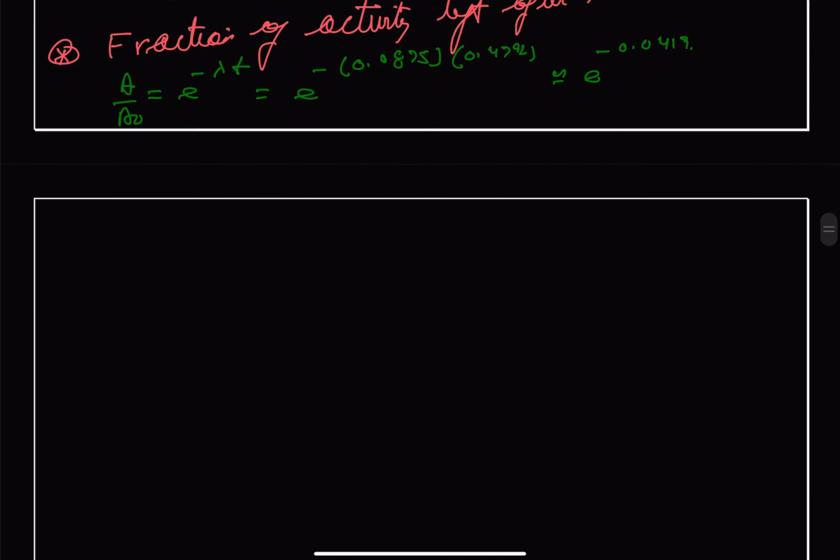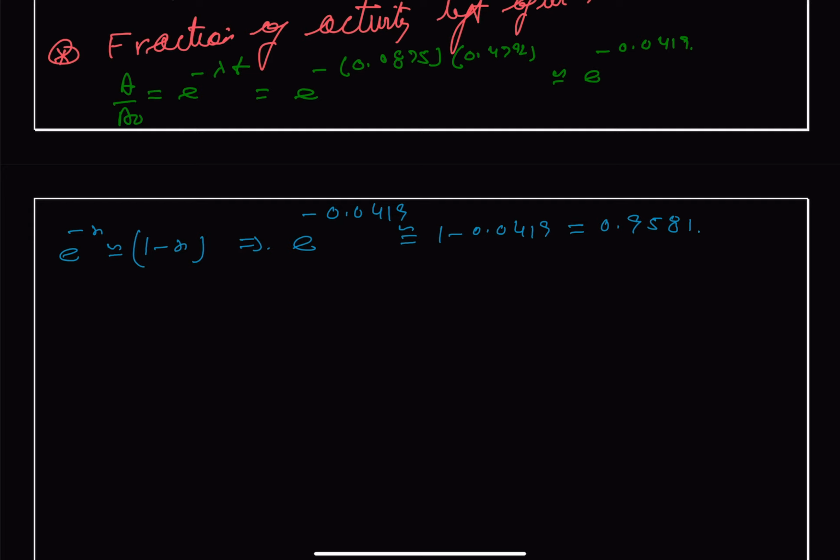So we can write e raised to power minus x is approximately equal to 1 minus x. Therefore, e raised to power minus 0.0419 is approximately equal to 1 minus 0.0419, giving us 0.9581.